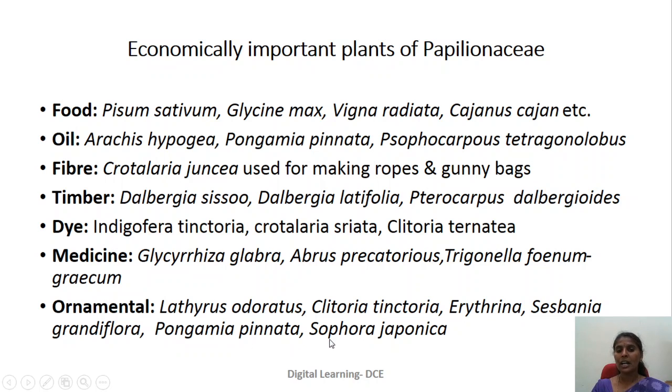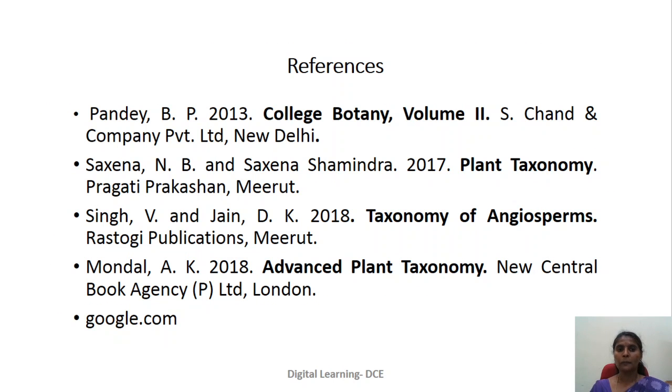Pongamia pinnata and Sophora japonica are used as ornamental plants as well as shade plants along the roadside. These are the plants of economic value of Papilionaceae.